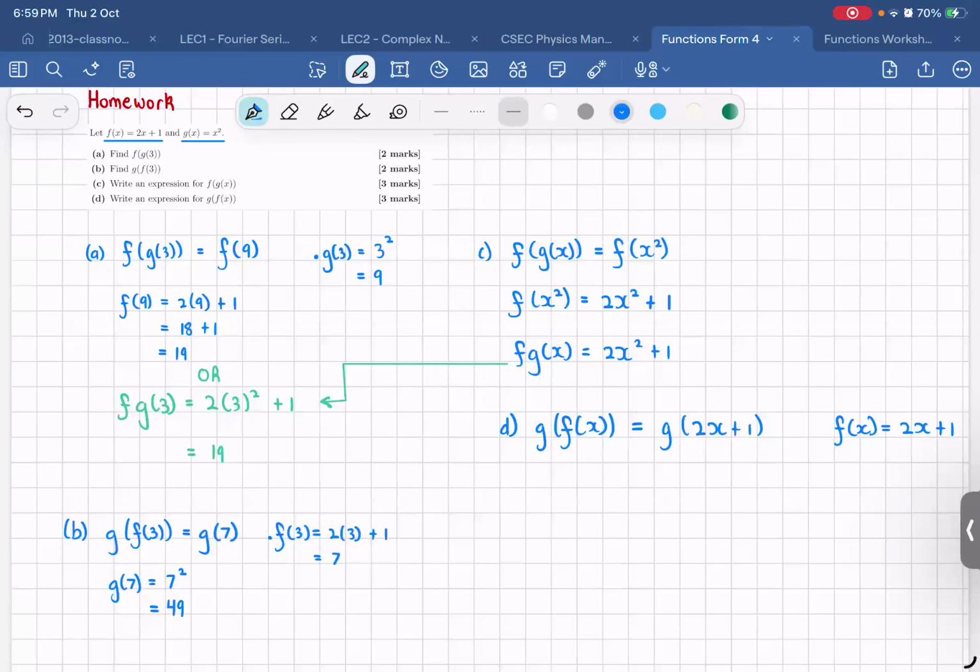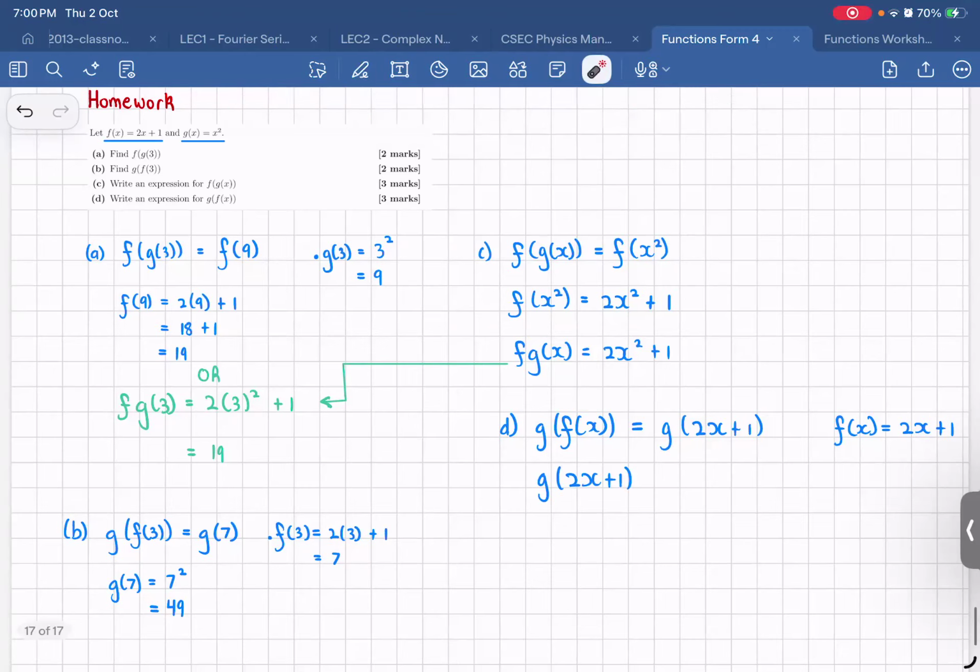Okay, so let me ask this question. To find the final answer, which function do you think we're going to use? f of x or g of x? So g of x. Right, g of x. But instead of it having x on the inside, we have 2x add 1 on the inside.